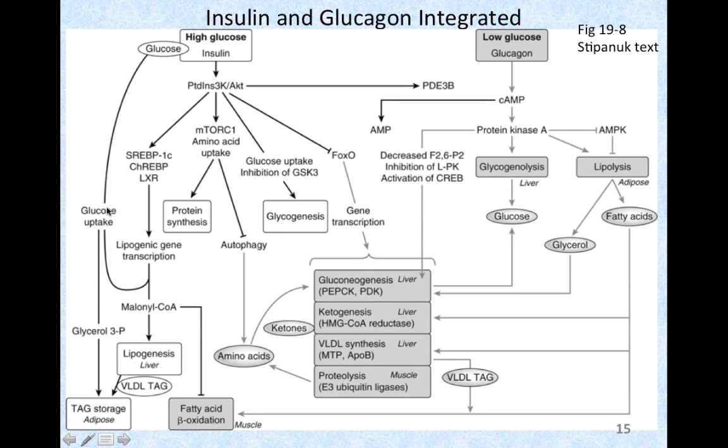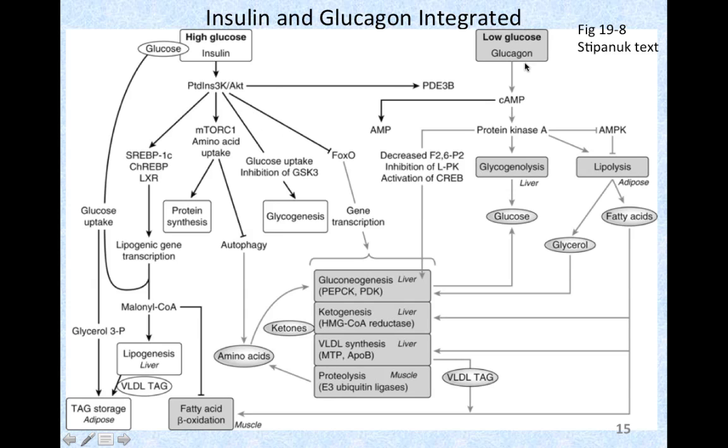Some of that glucose is used to make glycerol 3-phosphate through glycolysis, and that glycerol is combined with the fatty acids from lipogenesis as part of triglyceride storage. So the glycerol is helping the triglycerides be made, and it's also stimulating insulin, which is lipogenic. So it's providing carbons from glucose, and also the activity of the enzymes that are making the fatty acids to store triglycerides.